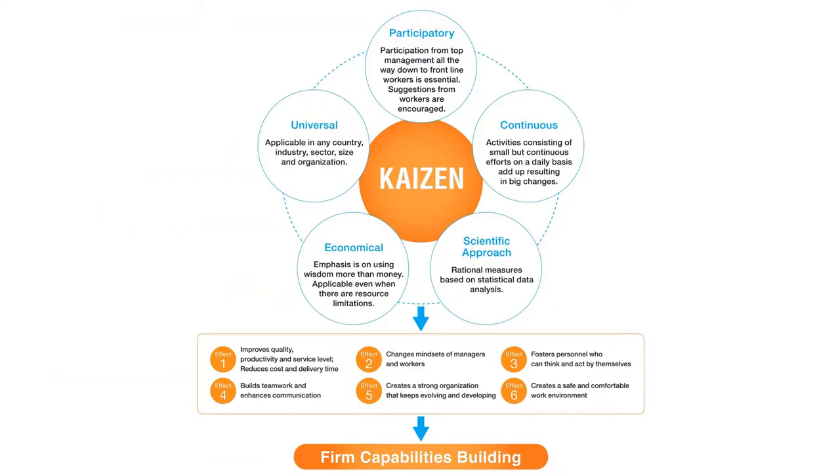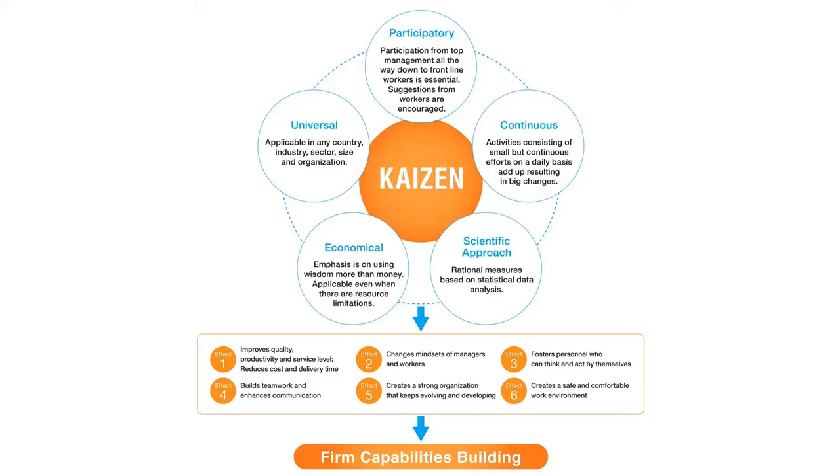This chart shows the concept of Kaizen overview. Keywords are participatory, universal, economical, scientific approach, and continuous. Within these conditions and direction, Kaizen provides you a lot of methods and achieves firm capabilities building.